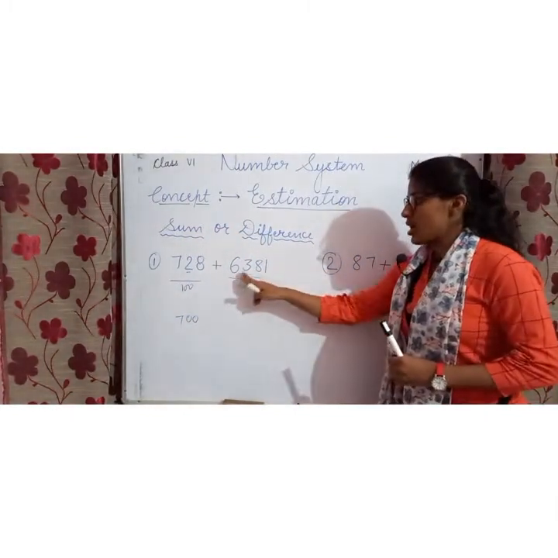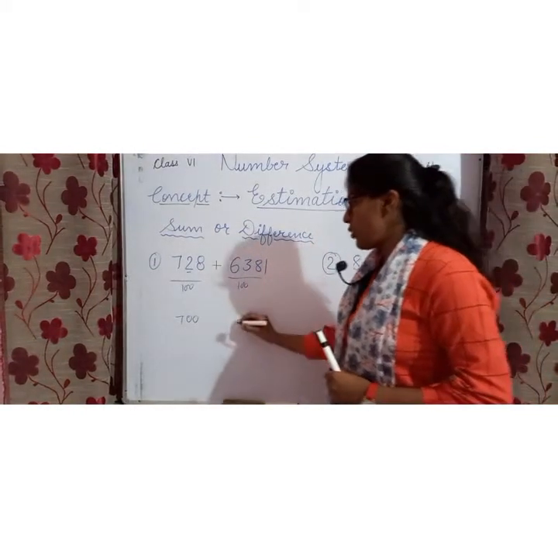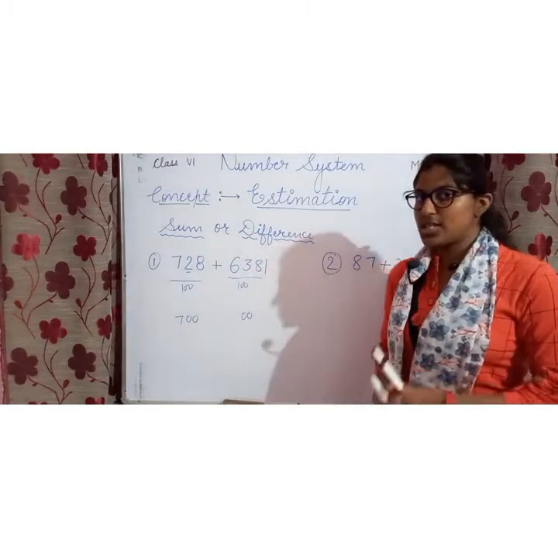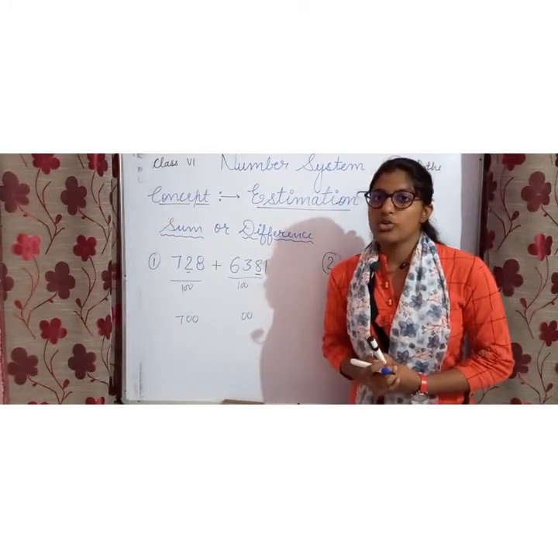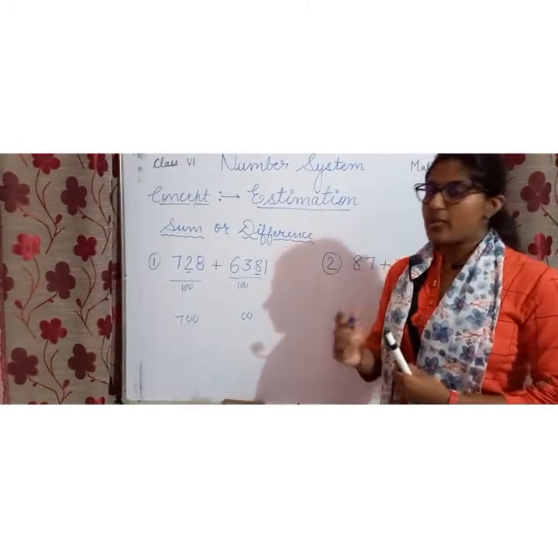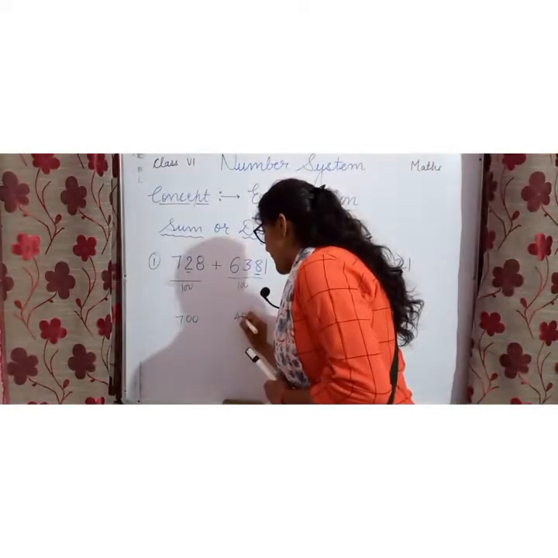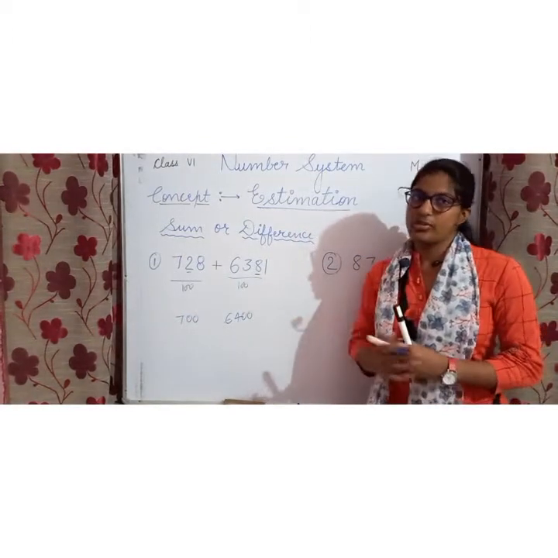Next, 6381. To round off to the nearest 100, we put 2 zeros on the ones and tens places. Now see, the tens place digit is greater than 5, so we will increase the hundreds place digit by 1. So 3 increased by 1 is 4, and the rest of the number comes as it is. So 6400 is the rounded number.